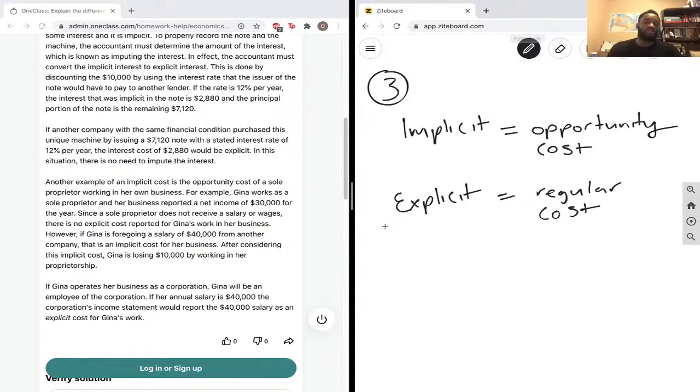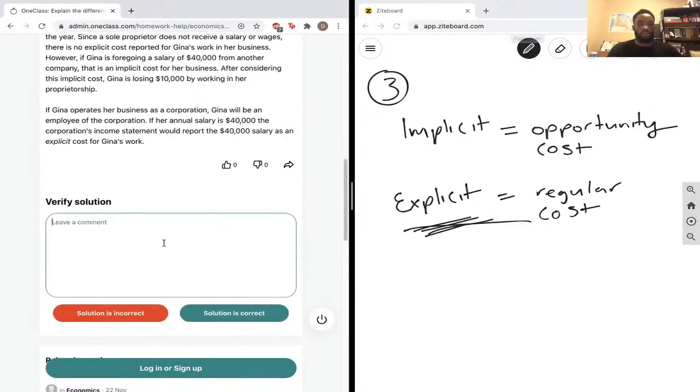And explicit cost, well, there are different costs that she could have used to start up her operation, or even just get something as simple as a desk and an office chair in her office. That is a cost for her business, and those are actually explicit costs because it has to do with her current business and what she's doing. The implicit cost, like our tutor here said, would be if the salary of another job was $40,000, her implicit cost could be that salary of $40,000 that she's missing out on to work as a sole proprietor.